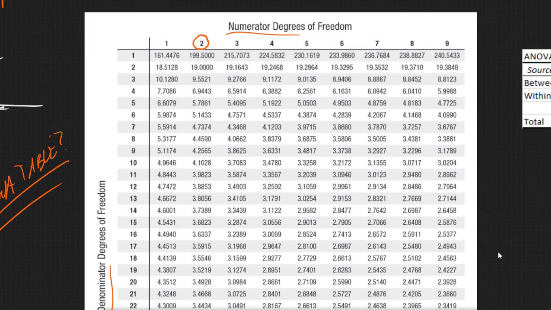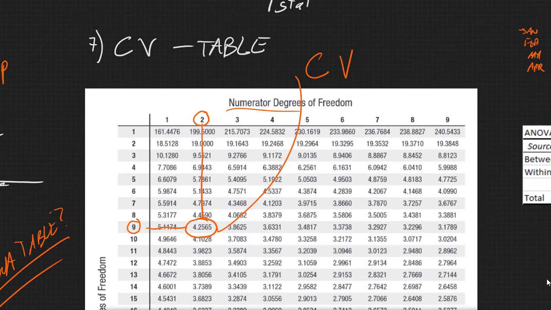My denominator is 9. So I'm going to come down to 9 and over until I get to 4.2565. This is my critical value at alpha equals 0.05, right?